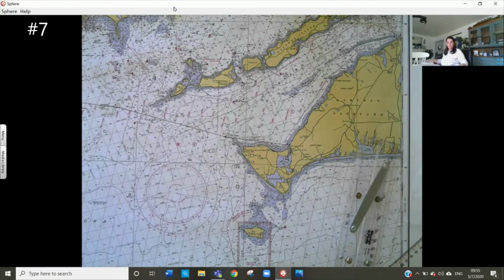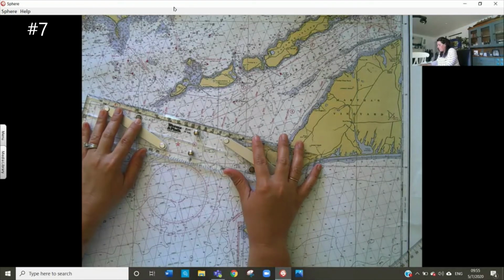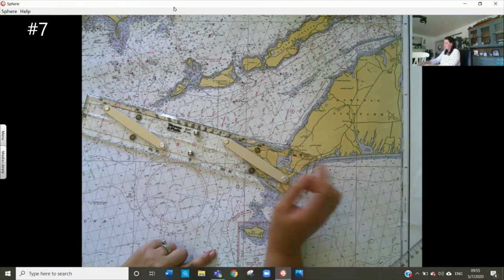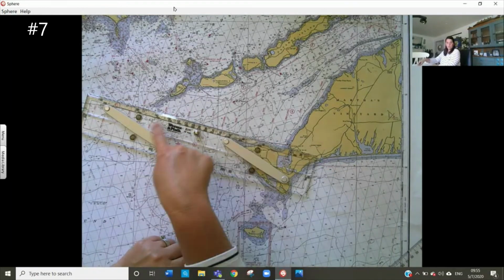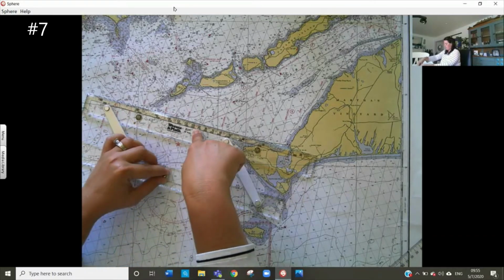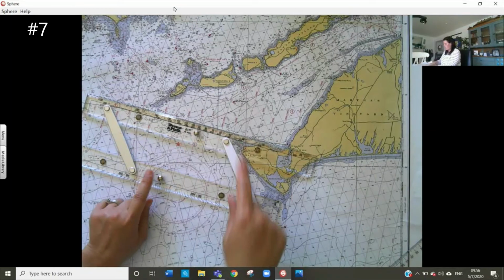We can also use our roll plotter or our parallel ruler. I used the roll plotter last time, so I'll use parallel this time. Line up on the course in question, pressure on one, and just bring it down to the center of your compass rose.